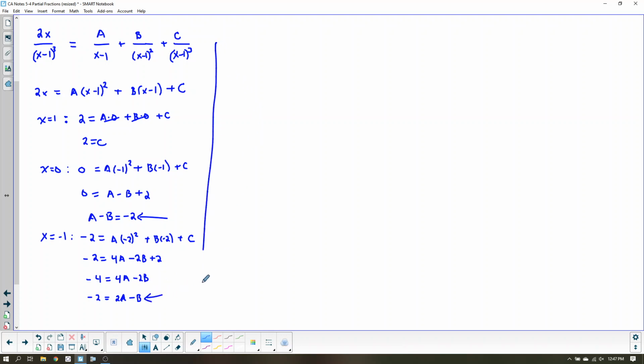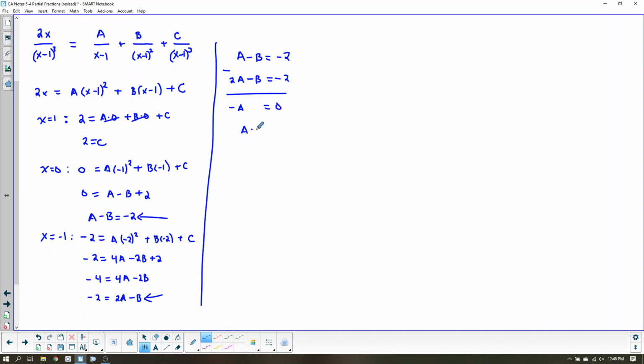So let's try putting that up here. 2 by 2 system, elimination will work easily. So we're going to subtract the 2 equations to make the b's cancel. So we will get negative a equals 0.